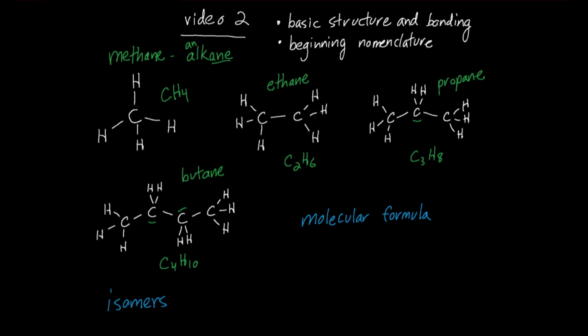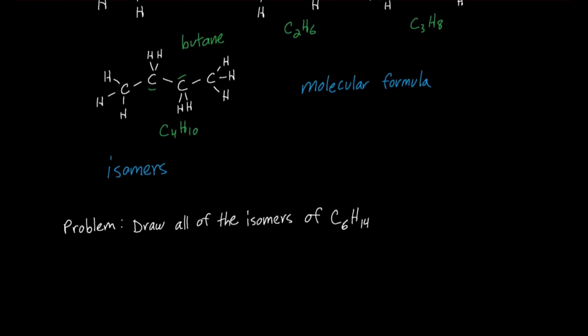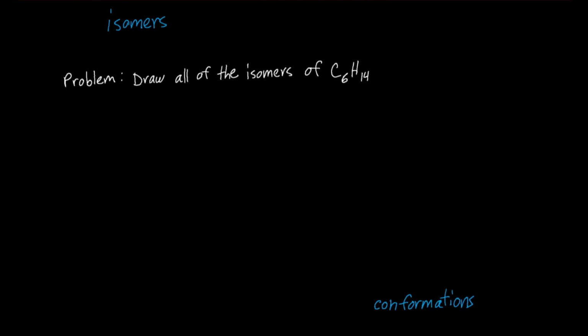In fact, when we start adding carbon atoms and making larger molecules, we come immediately to the problem of isomers, or the concept of isomers, which are the same molecular formula, different structure.